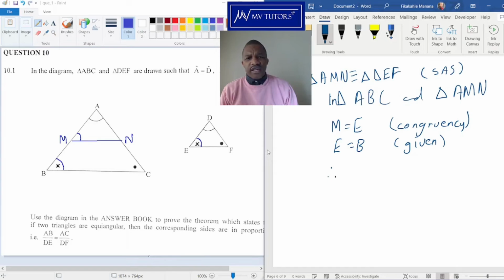This tells us that the line MN is parallel to the line BC, as we can see over there. Same angles, parallel lines.